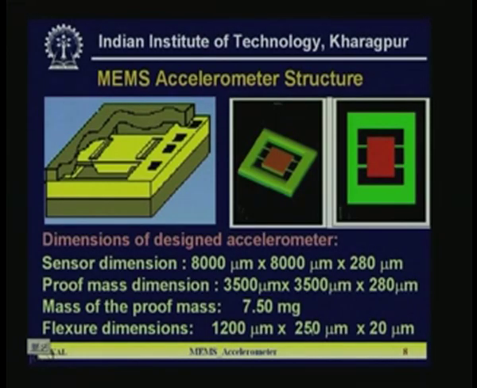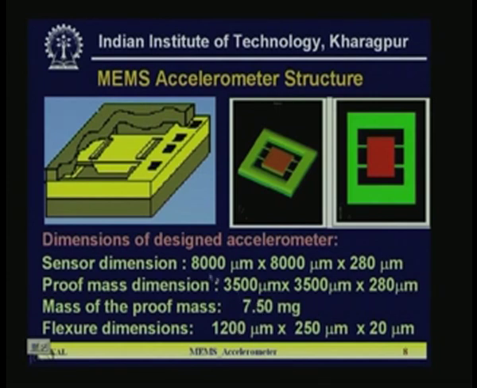So keeping all these limitations in mind, you have to design the flexure dimensions, meaning length and width, and we found them in our application depending on the technology limitation of our laboratory. So the flexure dimension was chosen 1200 micrometer, 250 micrometer and 20 micrometer. 20 micrometer is the thickness of the flexure, 250 micrometer is the width, and 1200 micrometer is the length.